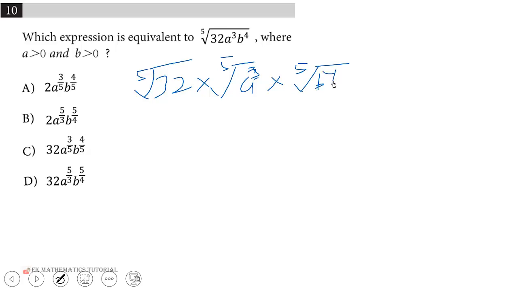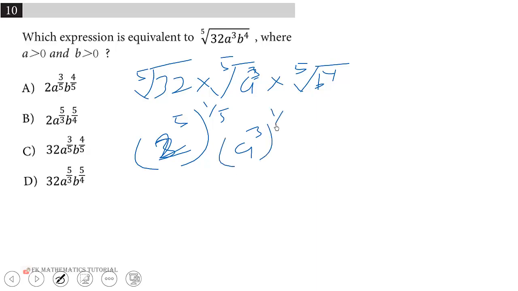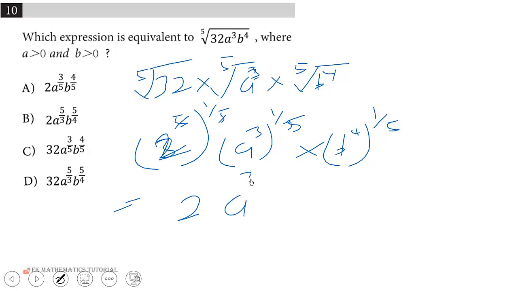You realize that 32 is the same as 2 to the power 5, so exponent 1 over 5. Then a to the power 3 times 1 over 5, then b to the power 4, exponent 1 over 5. So this will give you 2a to the power 3 over 5, b to the power 4 over 5, which is option A.